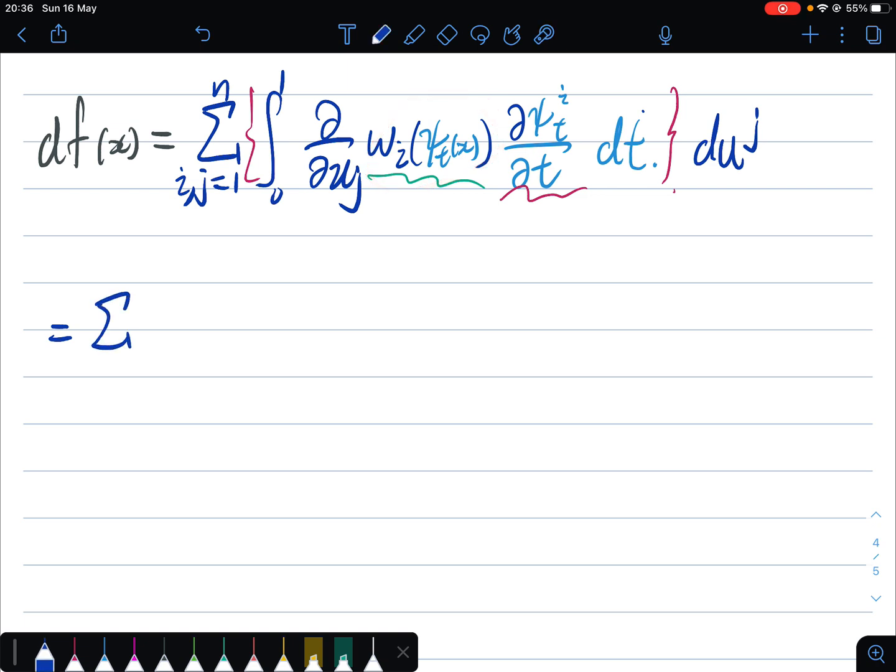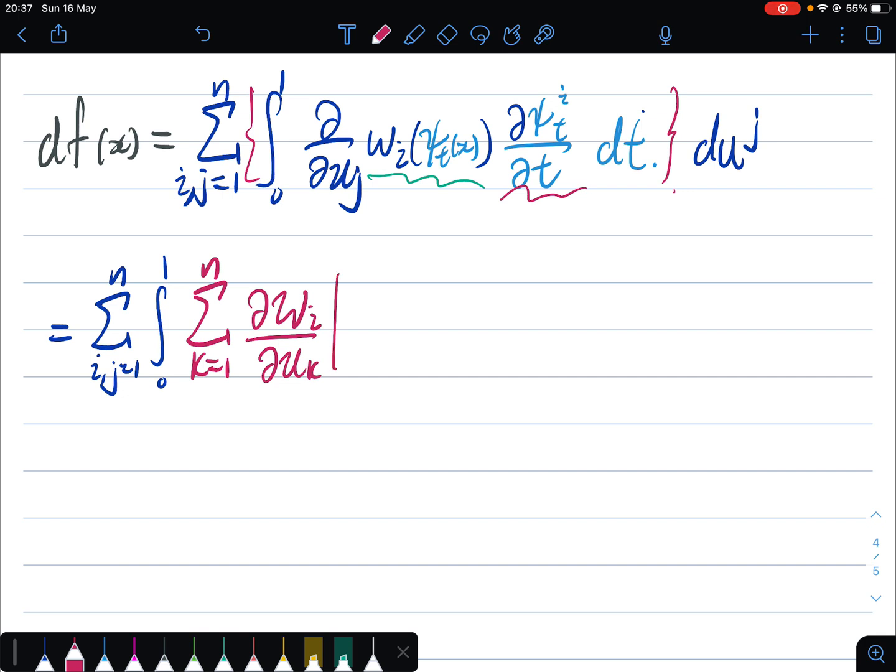So let's copy down everything. And by the chain rule, we break it out and add the summation part, such that we sum over k, differentiating this factor, and then we differentiate the psi map inside the omega, and then add this back here.